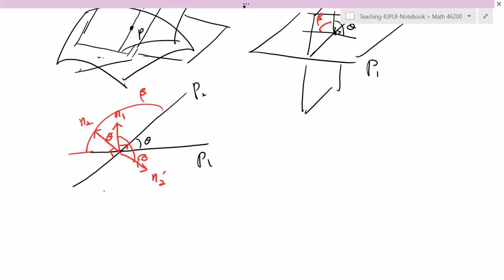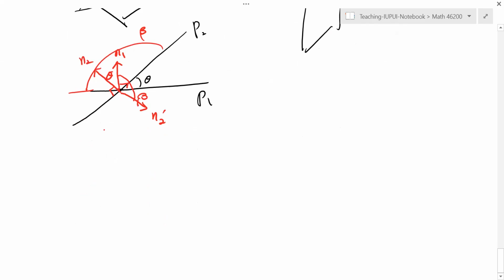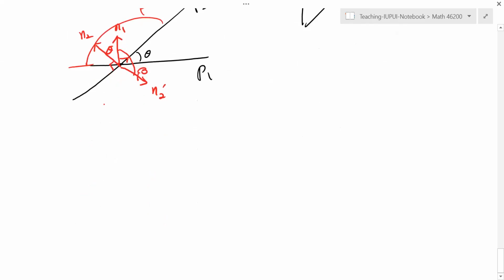Now using normal vectors, sometimes it's easy to find a normal vector if this is a level surface. So consider two level surfaces.